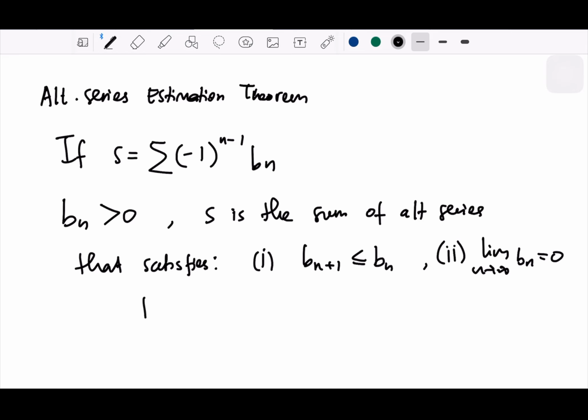Satisfy this. We have the Rn, the remainder that we set up in the integral test.